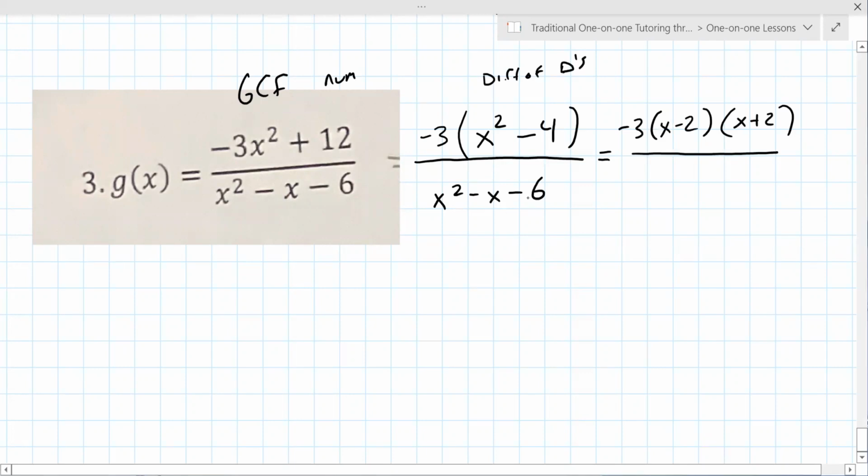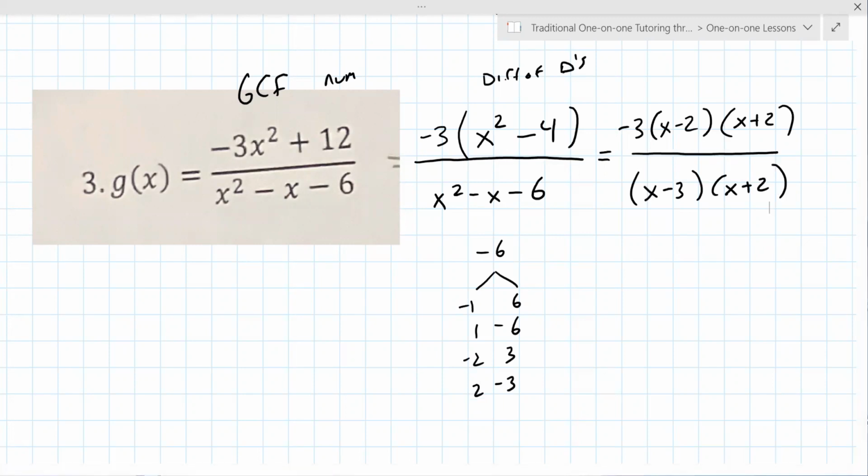And then on the bottom here, you're trying to find two numbers that multiply to -6 but add up to -1. Any idea what that might be? -3 and positive 2. x minus 3, x plus 2.